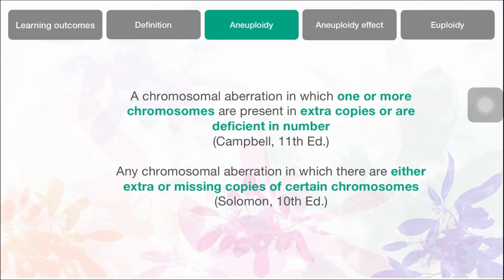Aneuploidy, based on Campbell, is a chromosomal aberration in which one or more chromosomes are present in extra copies or are deficient in number. While based on Solomon, it is any chromosomal aberration in which there are either extra or missing copies of certain chromosomes.